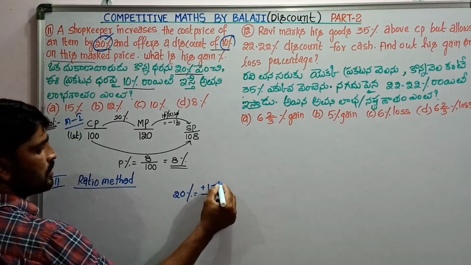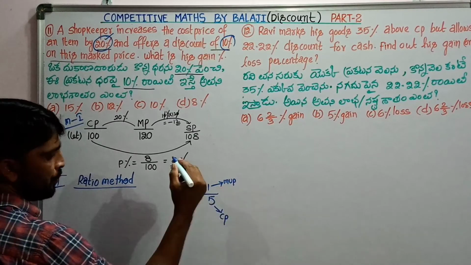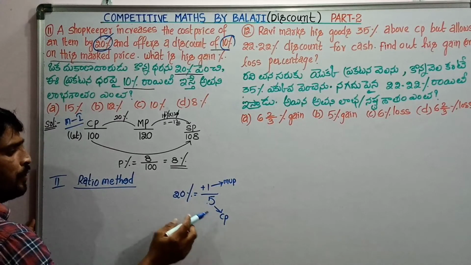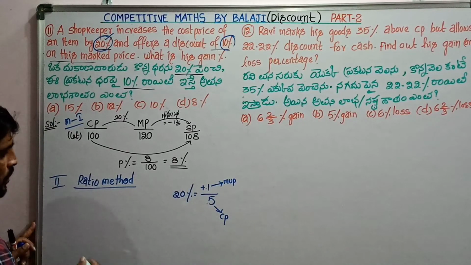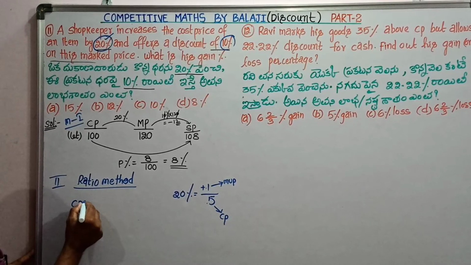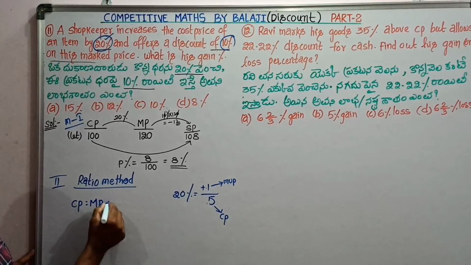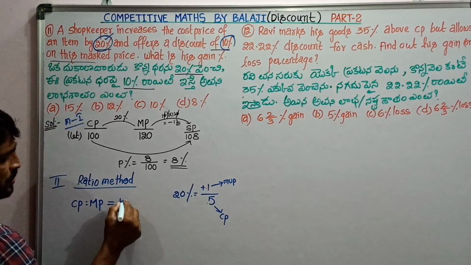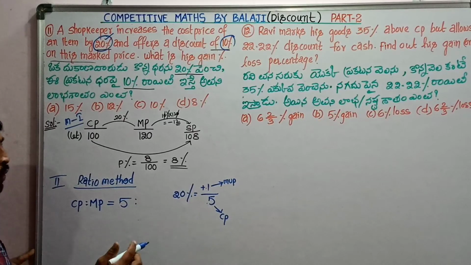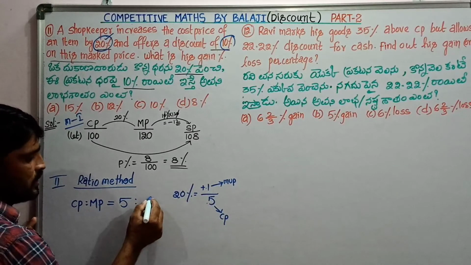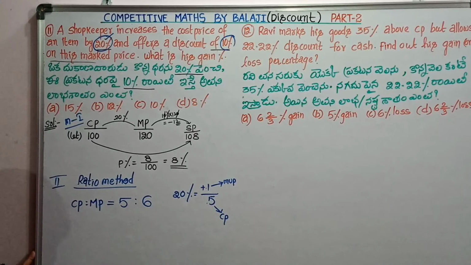Then markup is 1 unit. If cost price is 5 units, then markup is 1 unit. If cost price is 5 units, then we mark up 1 unit more than the cost price, that is 6 units, to decide market price.